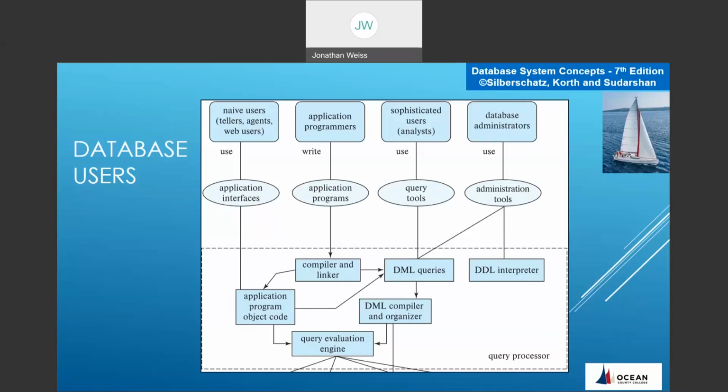Database administrators decide how to optimize the data from a physical implementation perspective, what servers to use, how to distribute things across the various servers, and how to administer that information. They also administer user accounts, who's allowed to access the data.